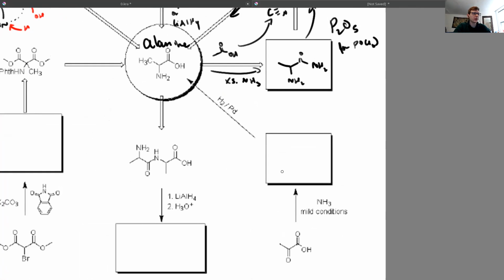Over here, we're doing reductive amination. So this compound is what? Your amine. Yes.